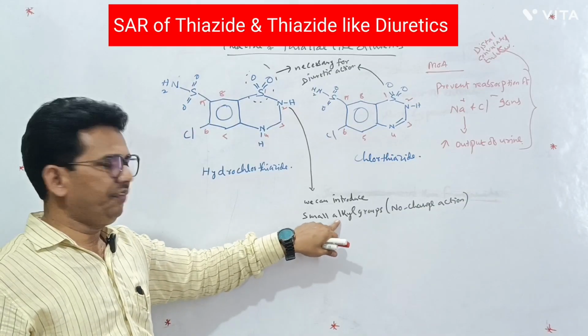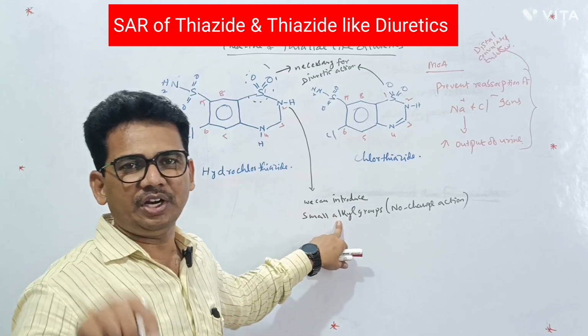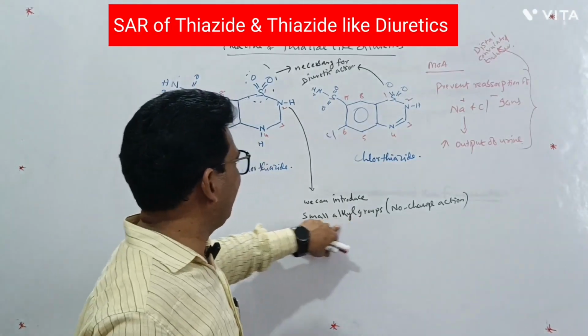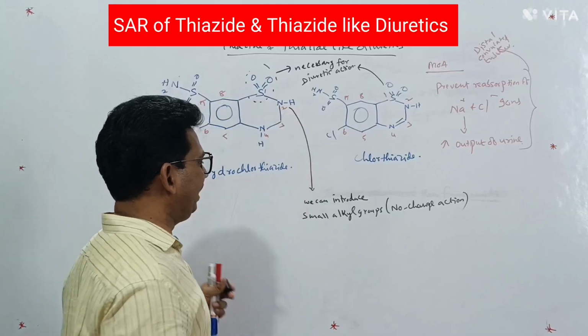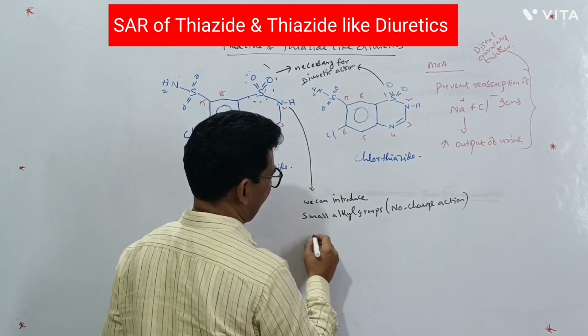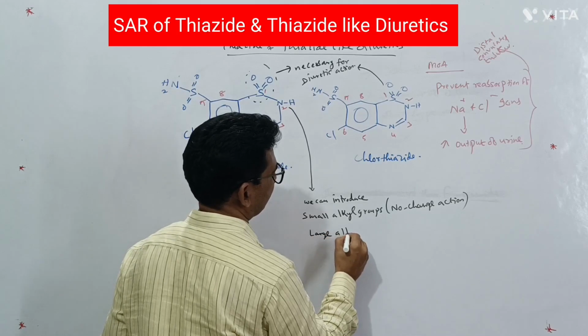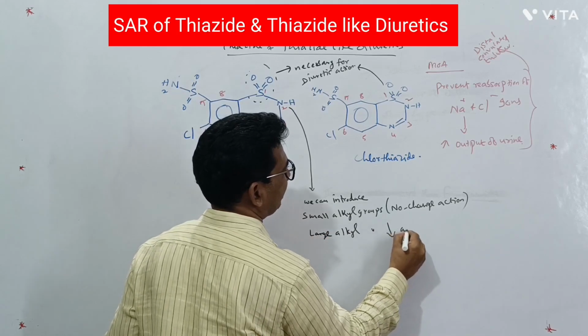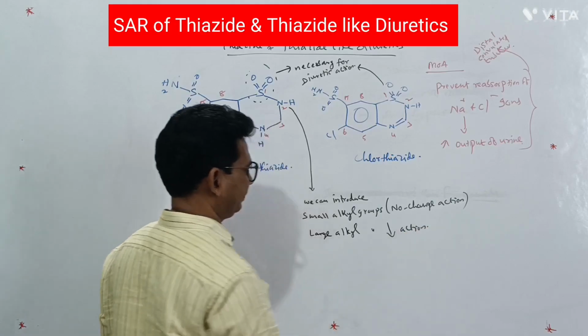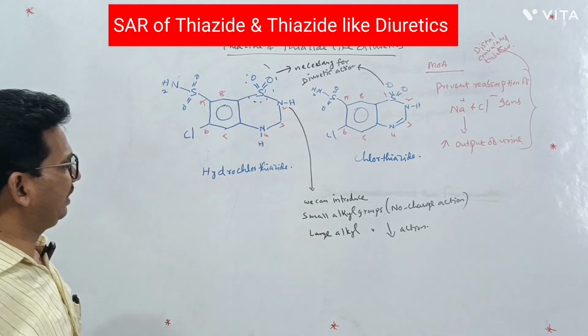But if we introduce large alkyl groups, the activity will decrease. Small alkyl groups, no change in the action, but large alkyl groups decrease the action. Understood? This is about the second position.